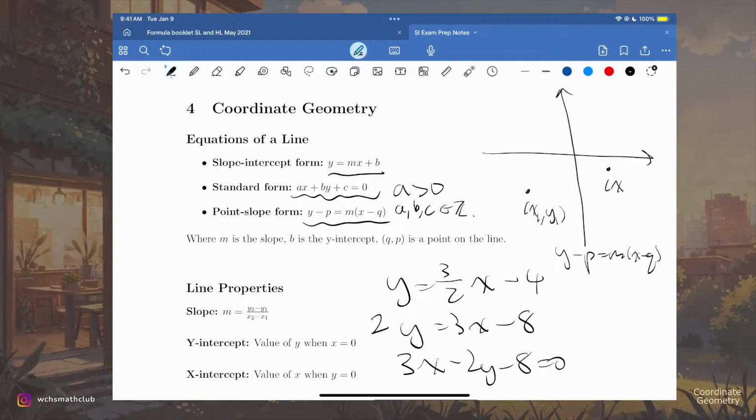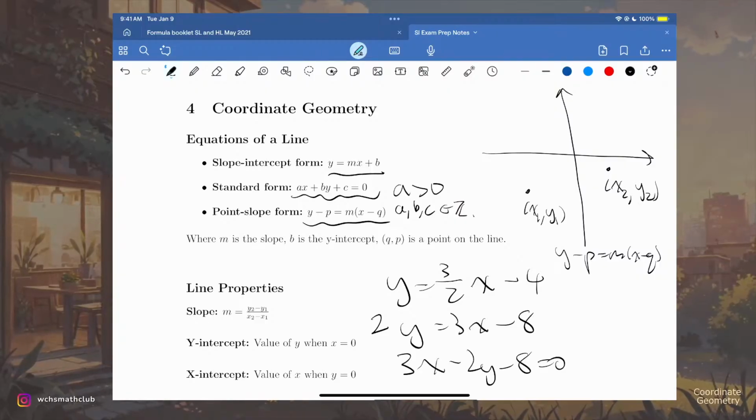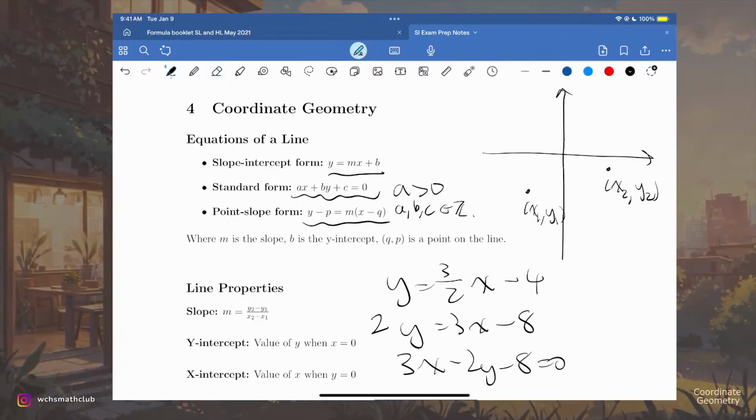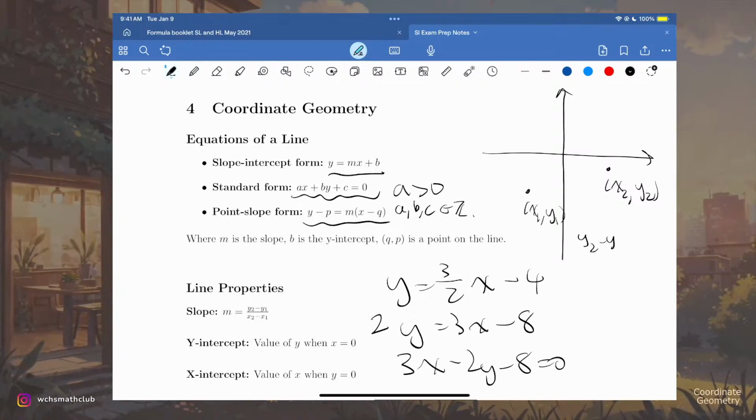And we have x2, y2 here. Well, we can use a similar strategy as the point slope form, but now we can calculate the slope explicitly as y2 minus y1 over x2 minus x1, right?